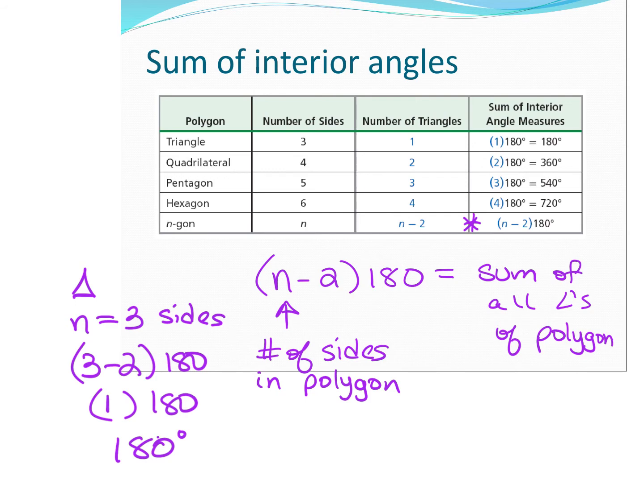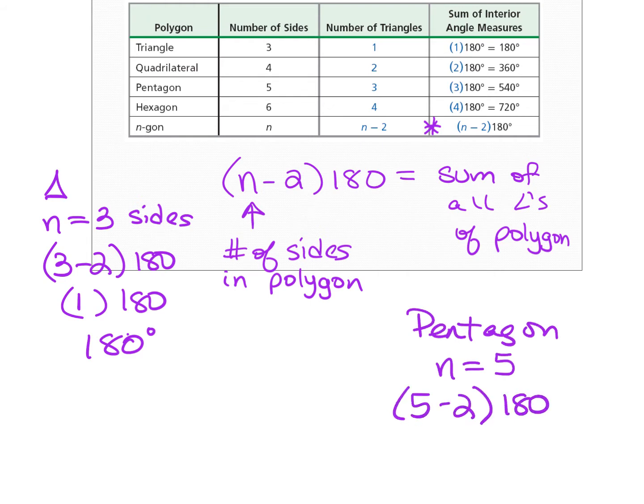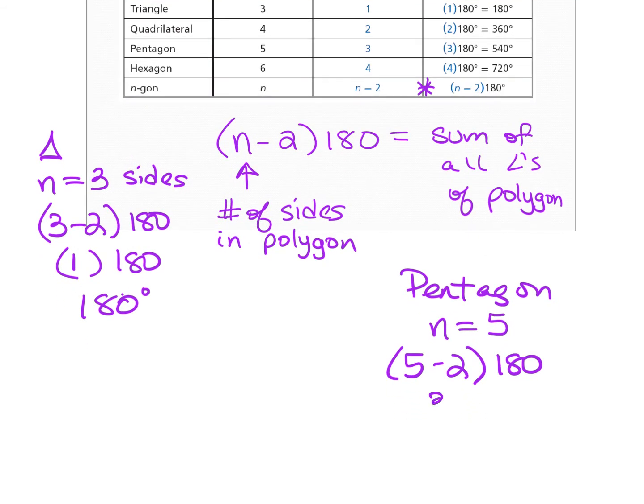Now let me do the same formula, but now let's do a pentagon. We can see in the chart that a pentagon has 5 sides, so my n value is 5. I'm going to do 5, always subtract 2 from the number of sides, and then I'm going to multiply that difference by 180.